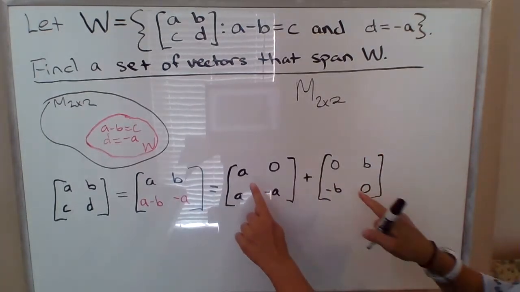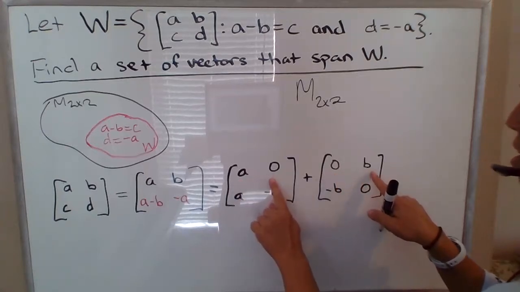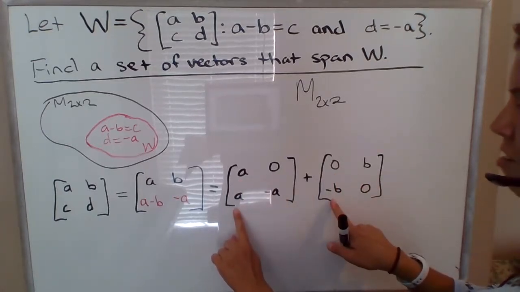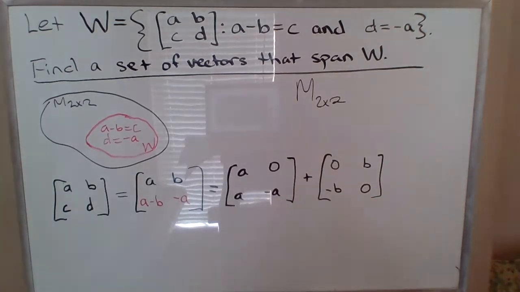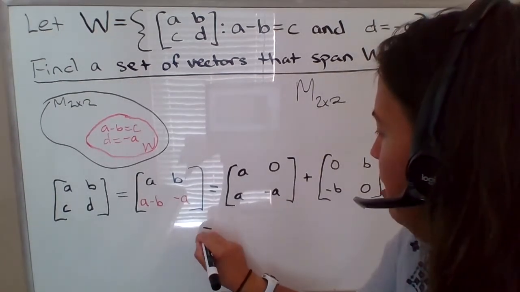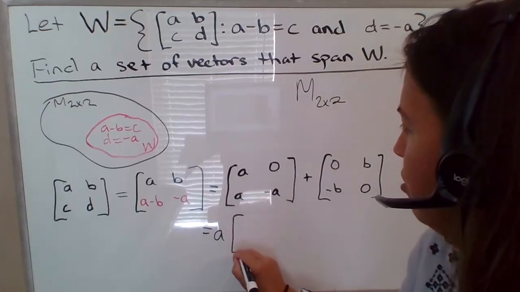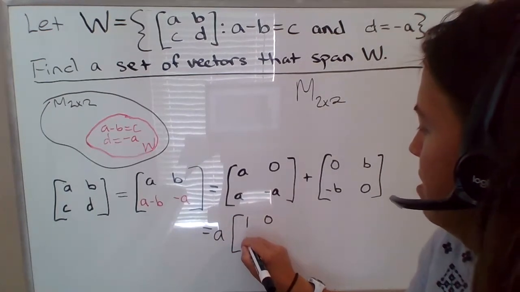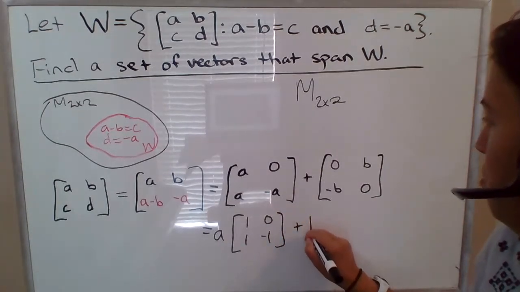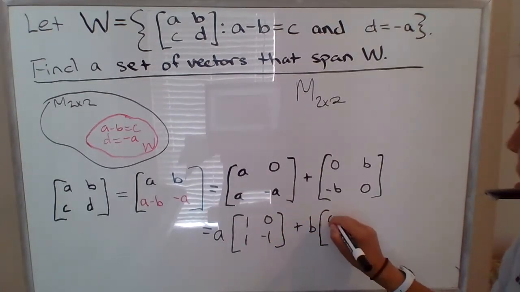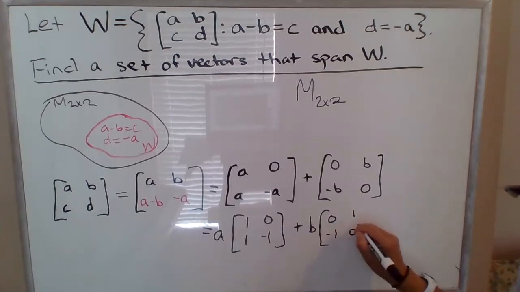Notice that if we take the sum of these two matrices, we'll have A, B, A minus B, which is good, and negative A. So the same thing we started with. And then from here, we can factor out A and write this as A times this 2 by 2 matrix plus B times this 2 by 2 matrix.